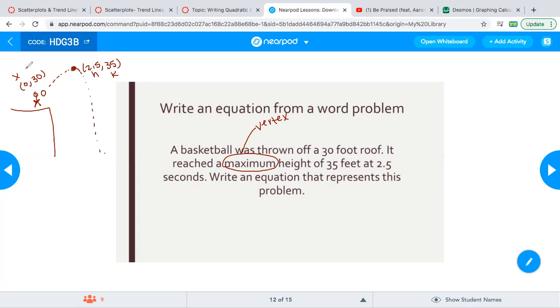Here's your X and here's your Y value. So from this information, give me the vertex form equation. Find out what that equation is based on this information.